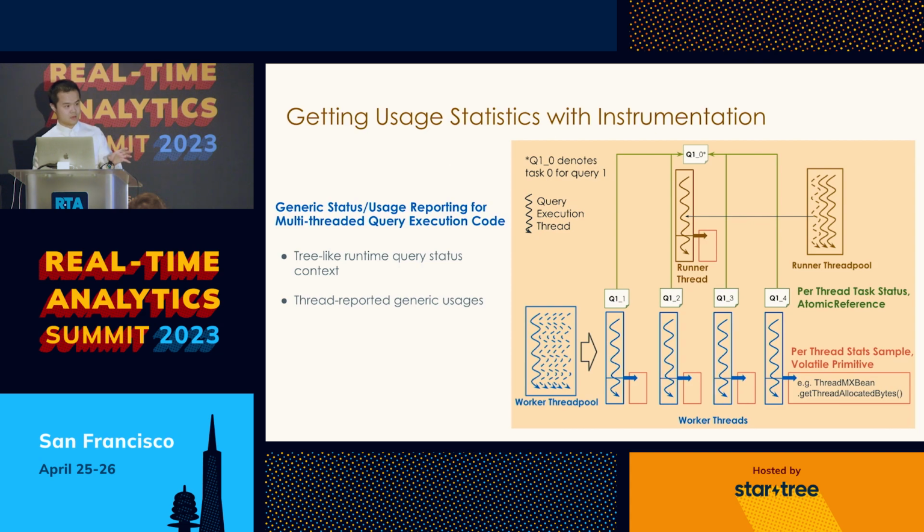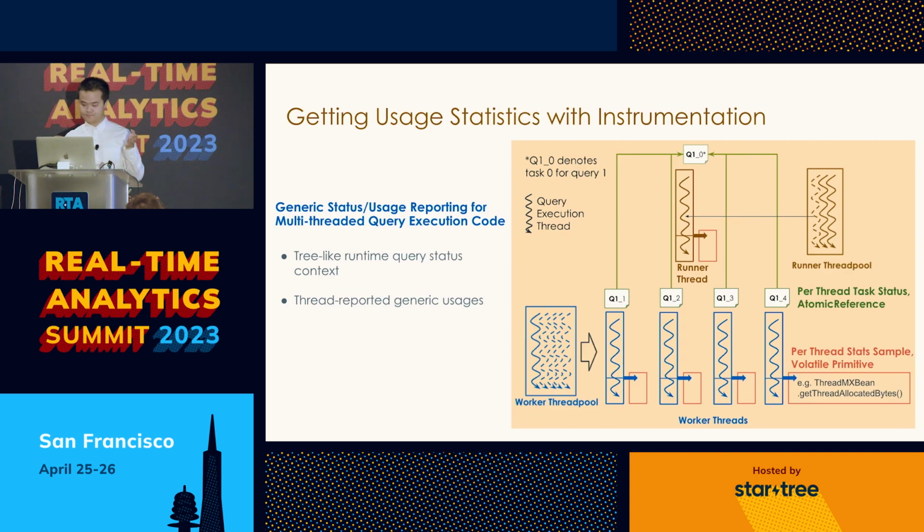On the other hand, we will also need to collect the usage stats from the threads. So each thread can report its own usage stats in the form of volatile primitives.